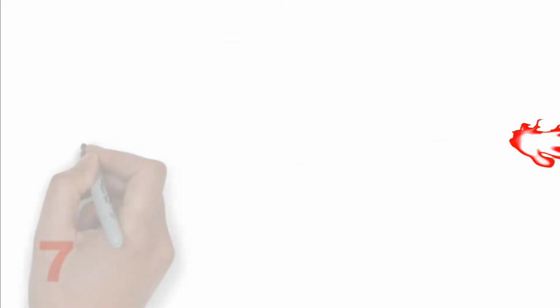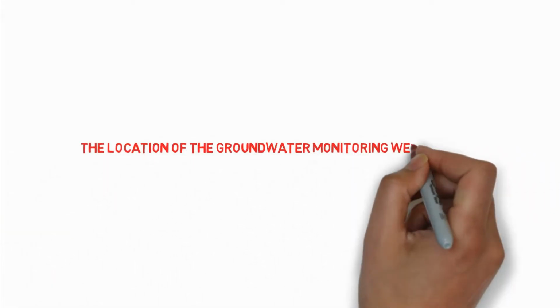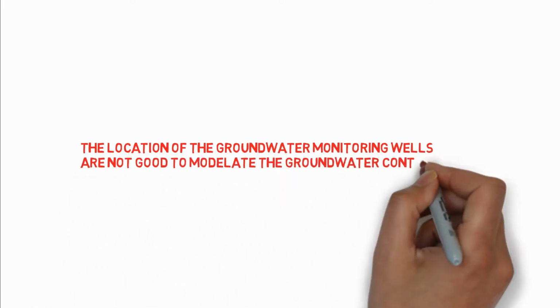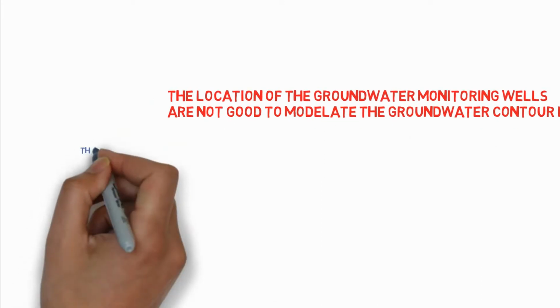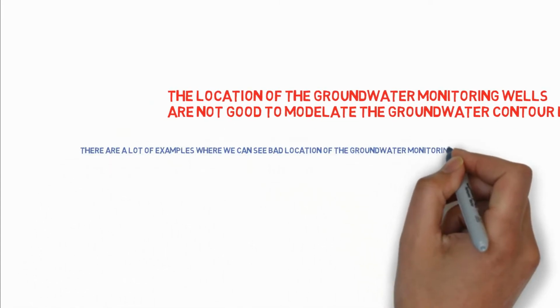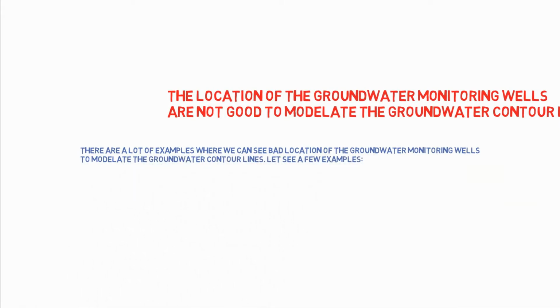Seven. The location of the groundwater monitoring wells is not good to model the groundwater contour lines. There are a lot of examples where we can see bad location of the groundwater monitoring wells to model the groundwater contour lines. Let's see a few examples.